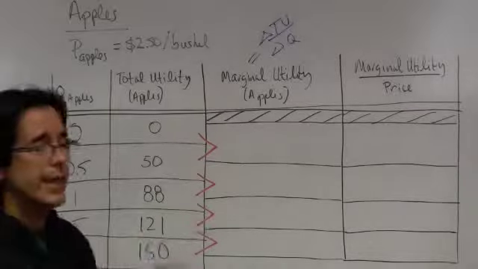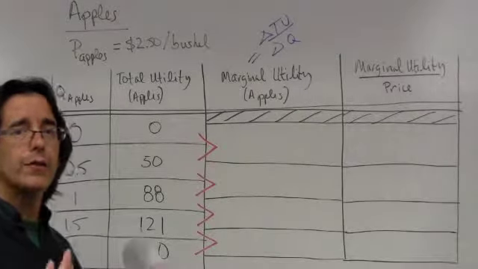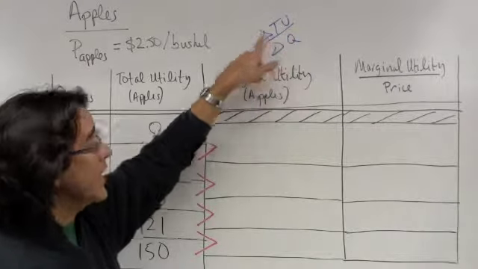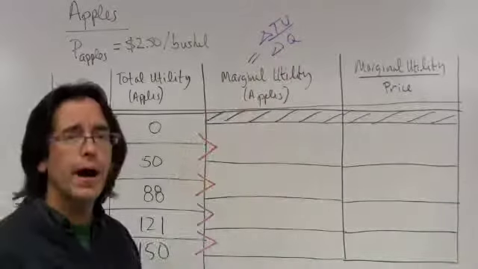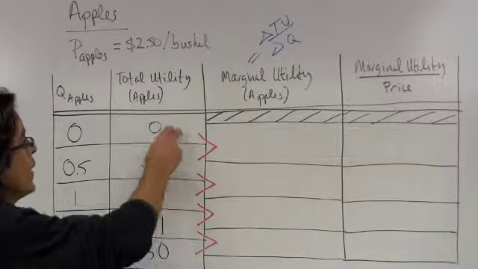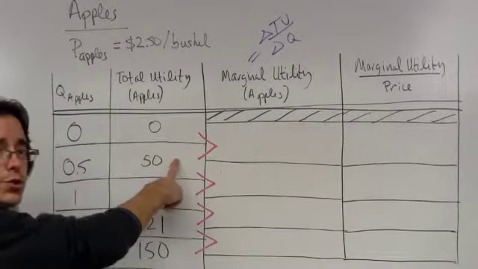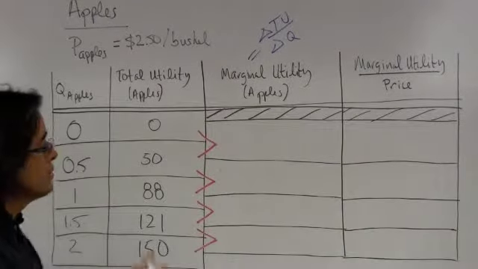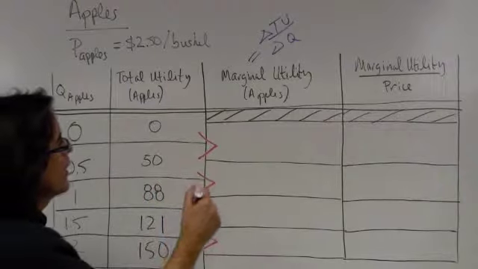Okay, so next thing we have to do is look at the marginal utility. Marginal utility is simply the change in total utility divided by the change in the quantity. In this case, we're looking at the change in the total utility from consuming apples divided by the change in the amount of apples consumed. So we'll do a couple of quick calculations.